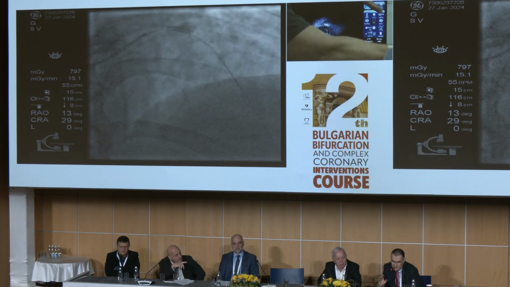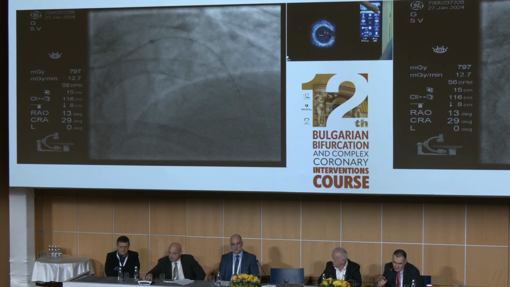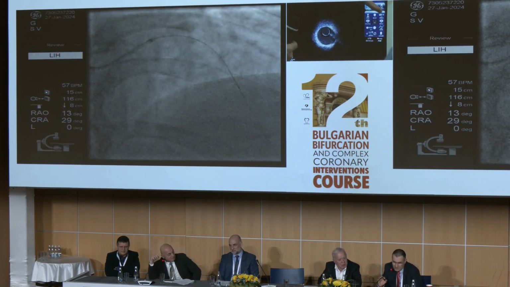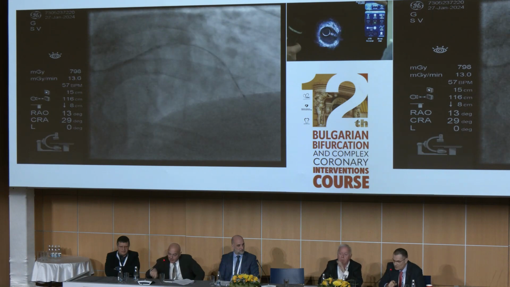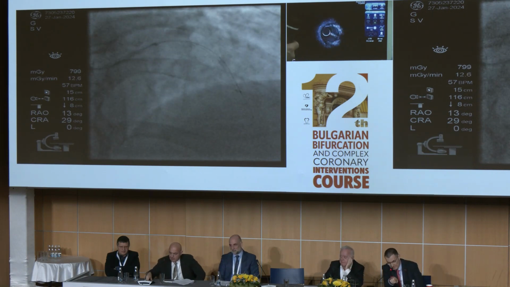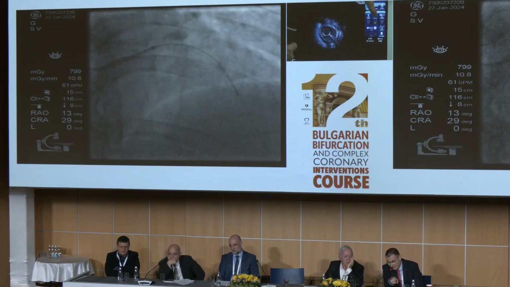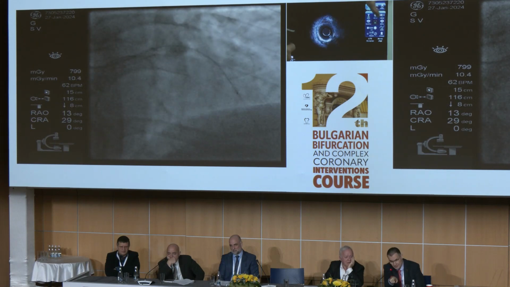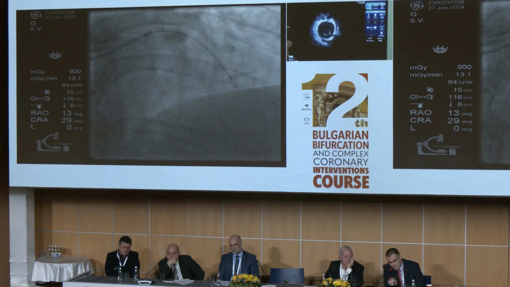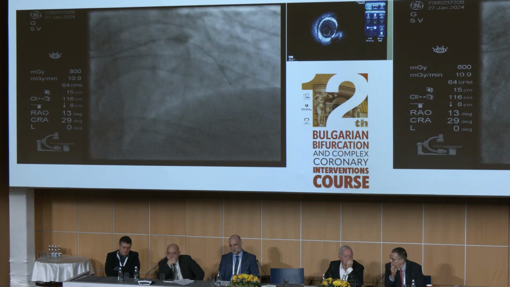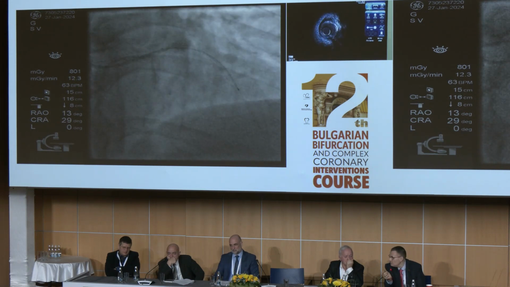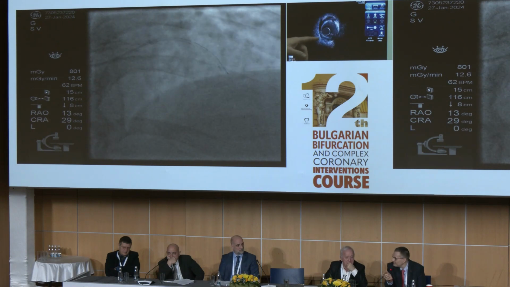The wire is there, and I'm doing that from time to time. The proximal marker is the imaging detector, and the distal one is at the tip of the sheath of the IVUS, and you can use it like a balloon for the stent enhancement.